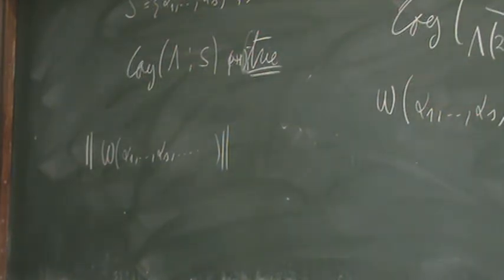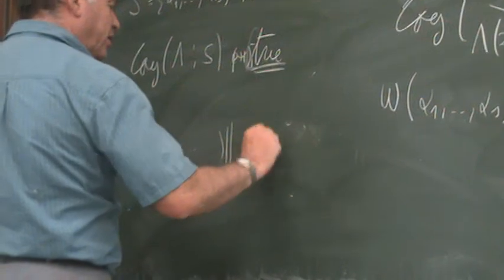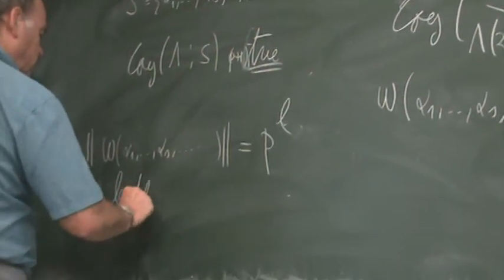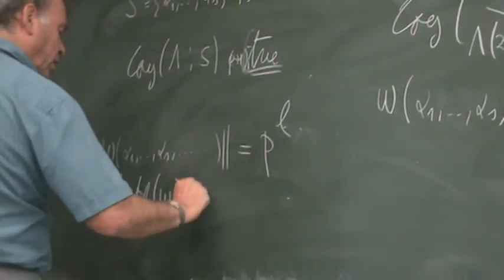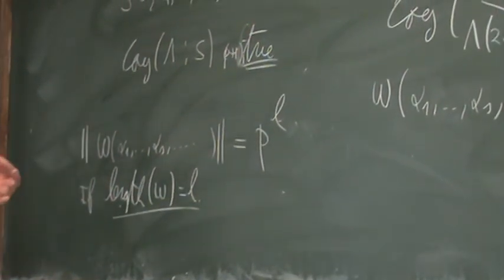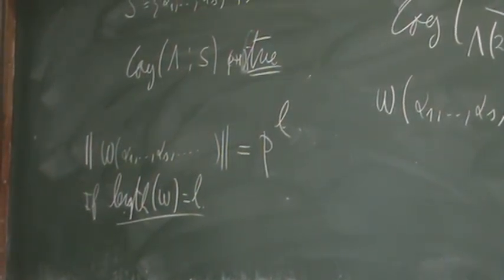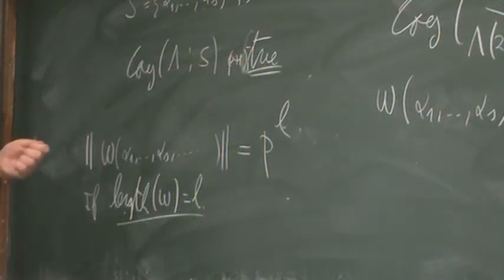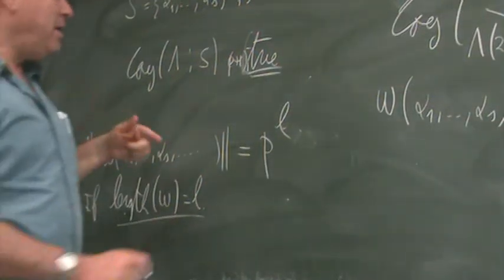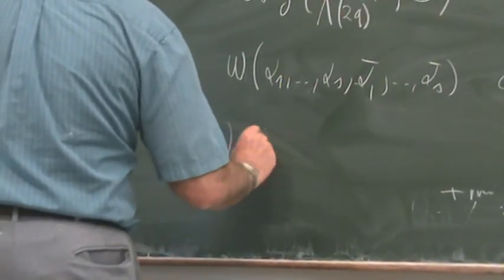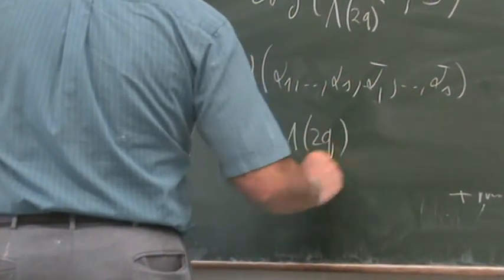So if the length of w is equal to L, then the norm of this product is exactly p to the L, because I just take a multiplication of elements of norm p. The product of them will give me an element of norm p to the L. And now this is inside Lambda(2q), so this is an integral quaternion.